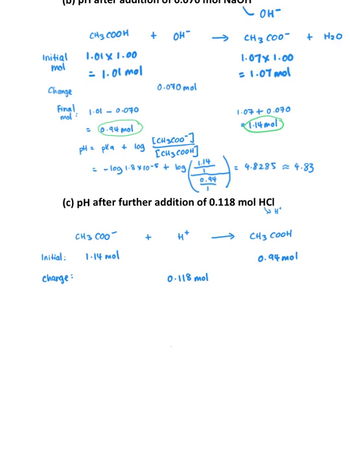So acetate reacts with H plus in a 1:1 mole ratio, so we can find out what is the final number of moles by taking the initial number of moles minus the number of moles that reacted with H+.